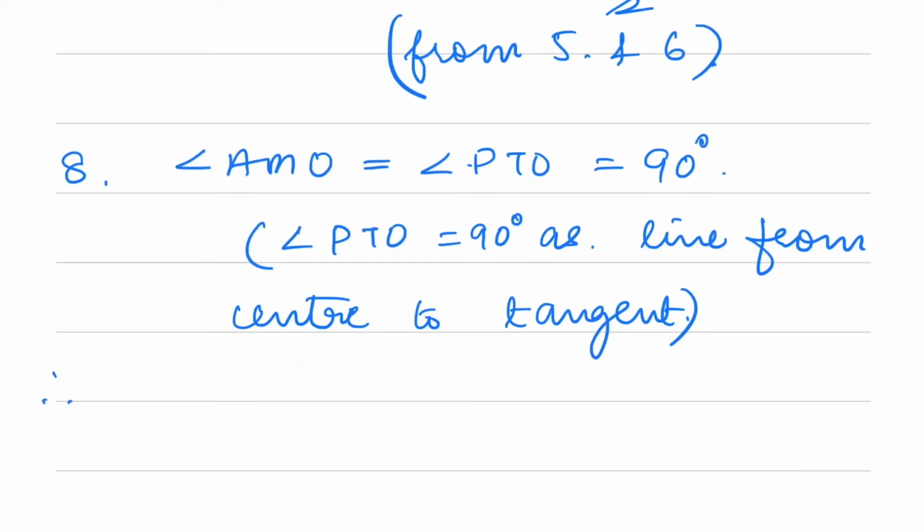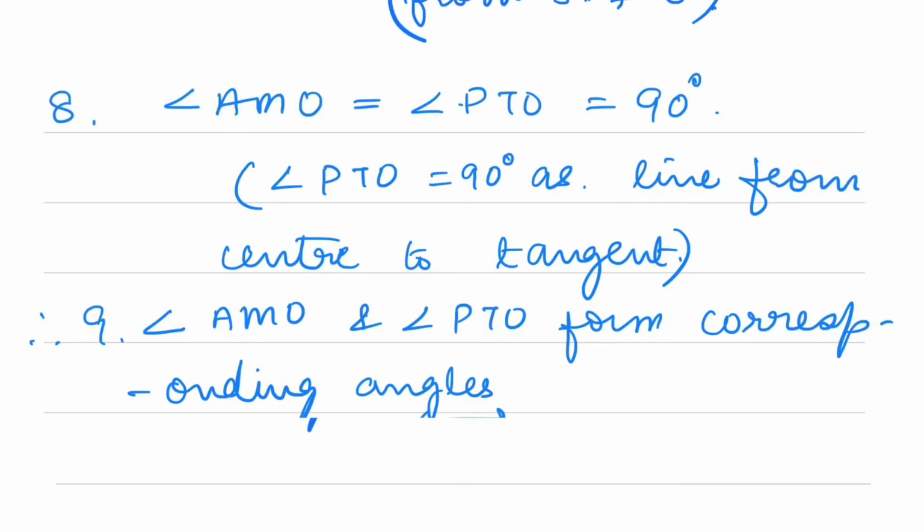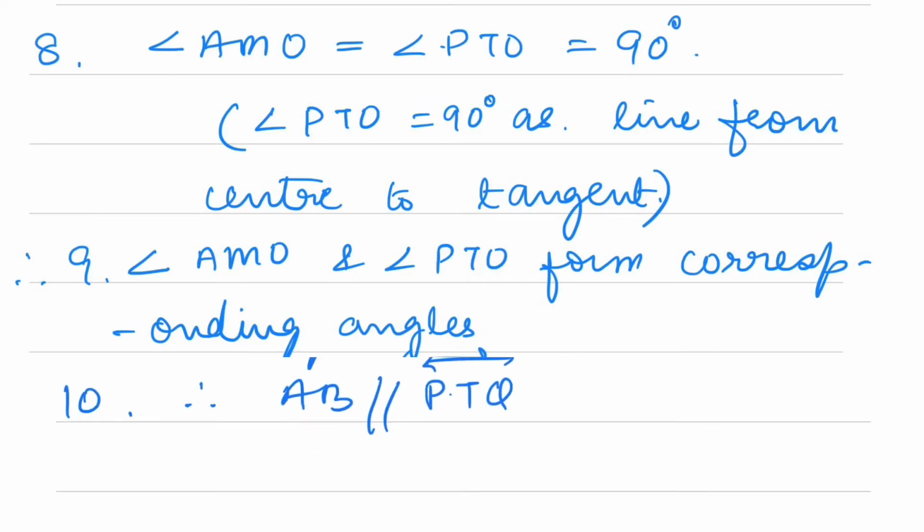Therefore, angle AMO and angle PTO form corresponding angles. Therefore, I can say that AB is parallel to PTQ line. Hence proved.